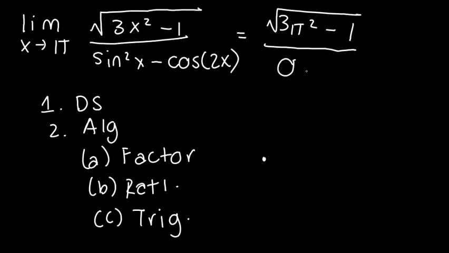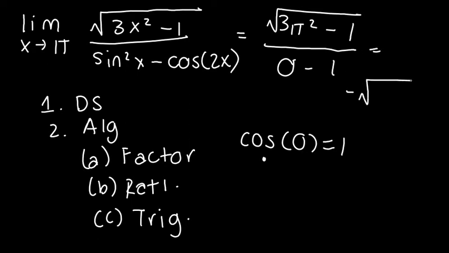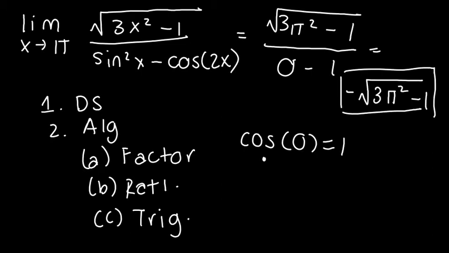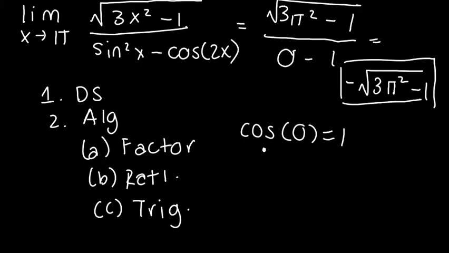So 0 squared is equal to 0. And what is cosine of 2 pi? Well, cosine of 2 pi is the same as cosine of 0, which is equal to 1. So this limit is equal to the negative square root of 3 pi squared minus 1. And that's our answer. Let's look at a few probably harder questions.